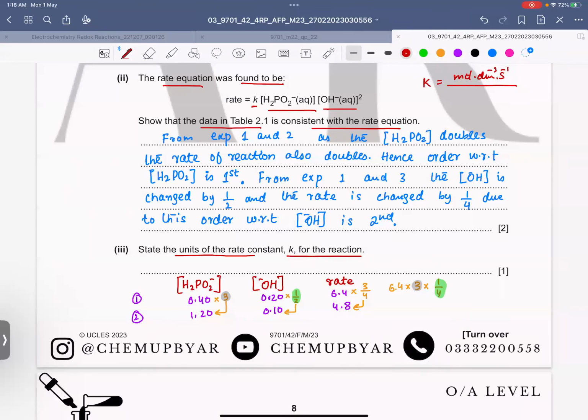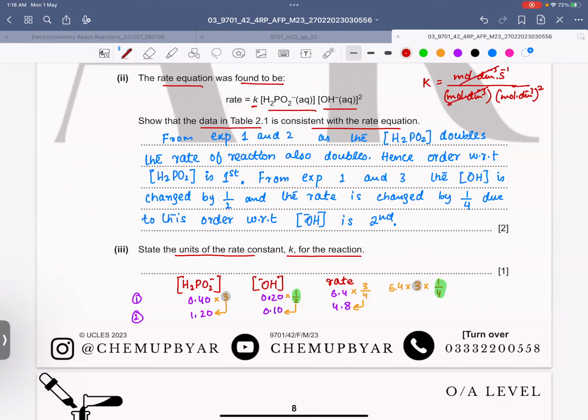And in the denominator, I must have mole cubed and dm to the minus 9, because of one squared and one simple. Or I can write it this way: mole per dm cube divided by mole per dm cube, whole squared.